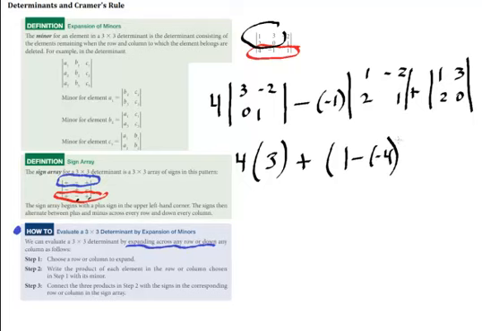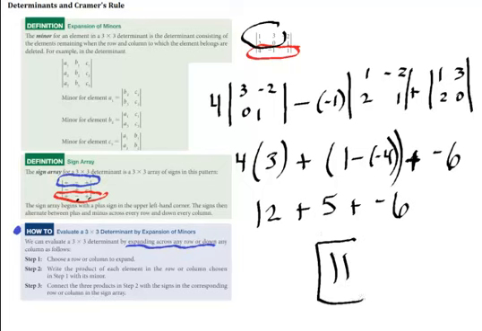So that was just a 1 there, so that's 0, plus 0 minus 6, so that's a minus 6. So we have 12 plus 5 plus negative 6. So if I were to add all of these things together, it looks like I would get 11.